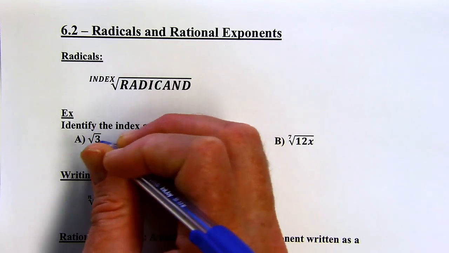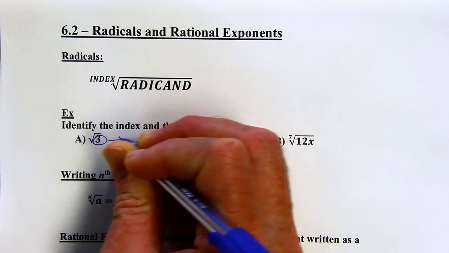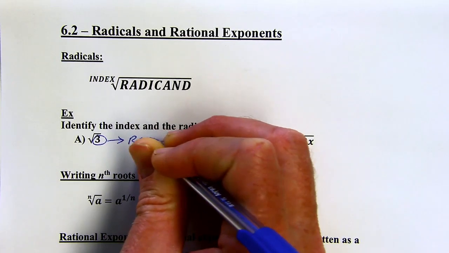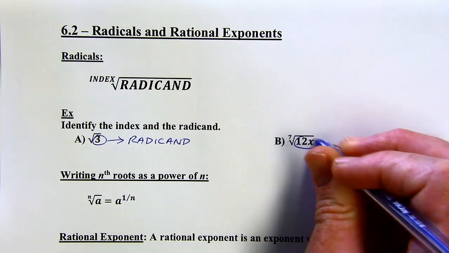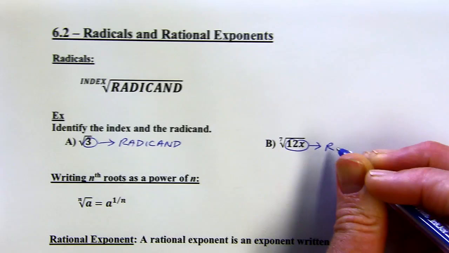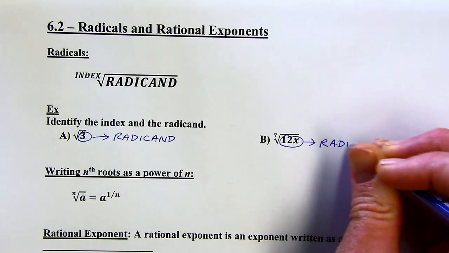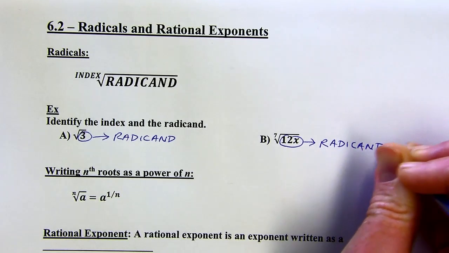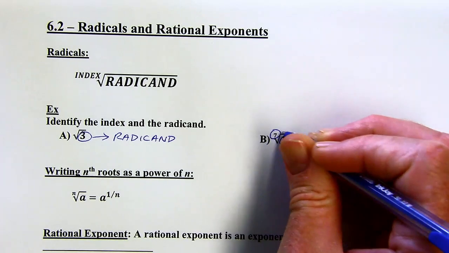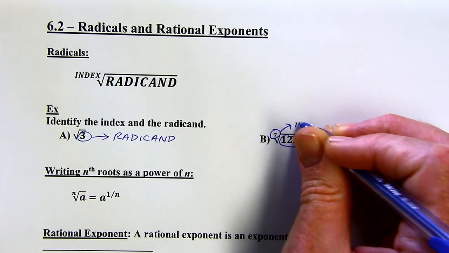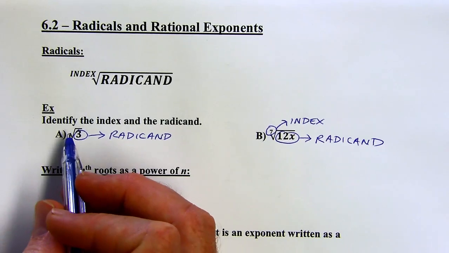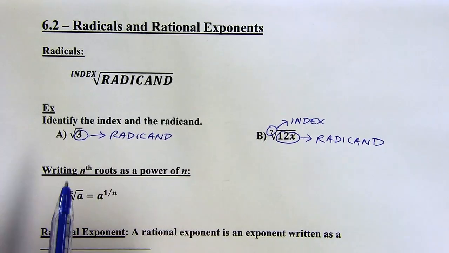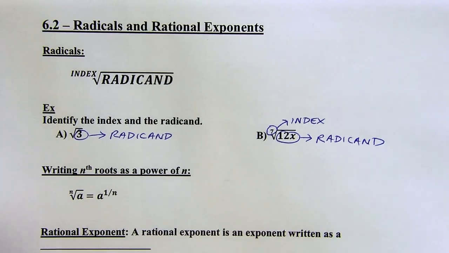So the radicand here is 3, so I'll just write it like that. The radicand on this one is going to be 12x. Okay, the index is going to be 7 on this one, but hey, there's no index on this one. Well, this is a square root, and a square root's the most common type of radical we have.